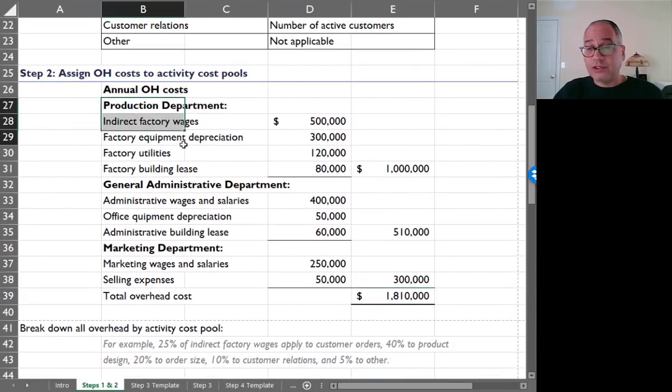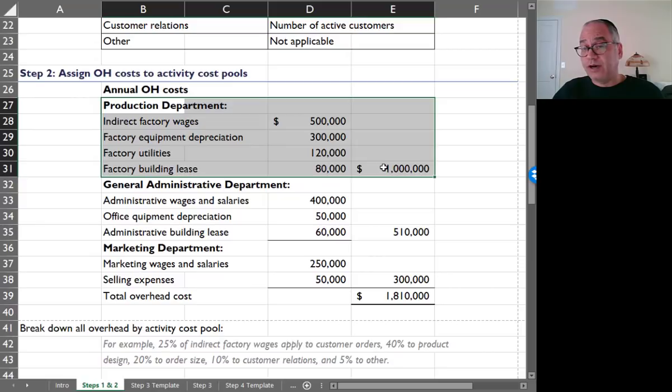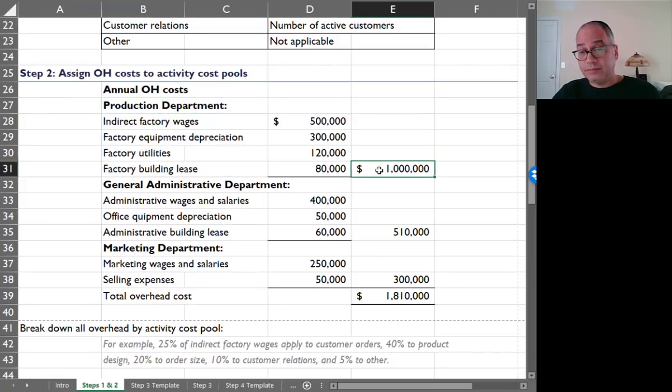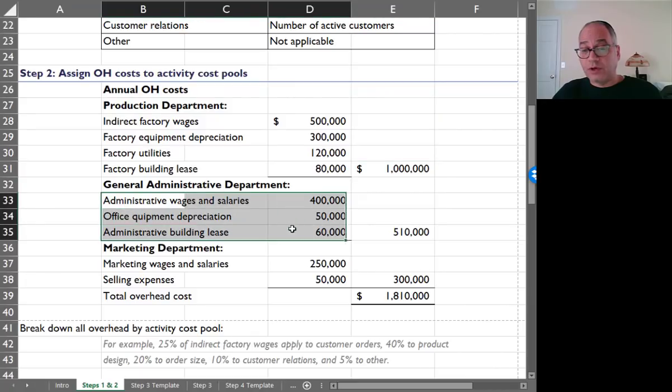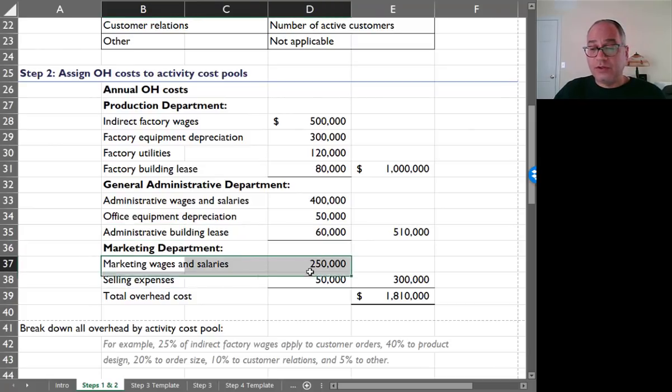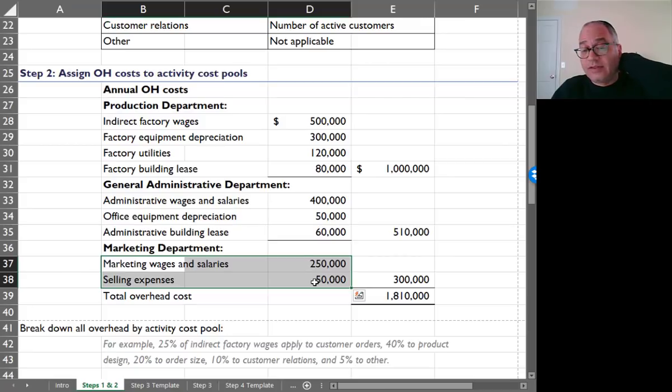So we have this production department, the $1 million that was in cost of goods sold, which consisted of 4 components. The general administrative department consisted of 3 components: administrative wages and salary, office equipment depreciation, and administrative building lease. And the marketing department had 2 components: marketing wages and salaries and selling expenses.